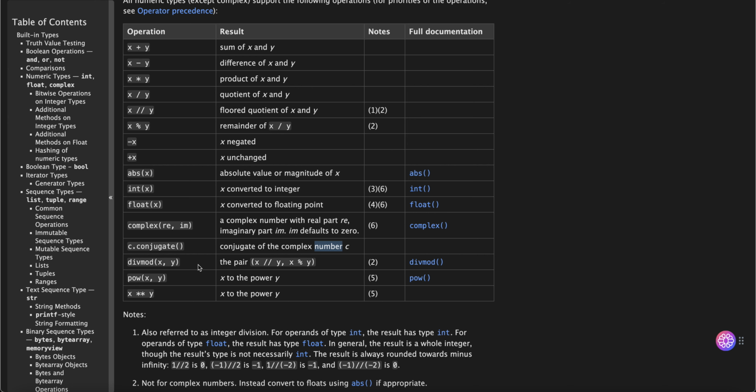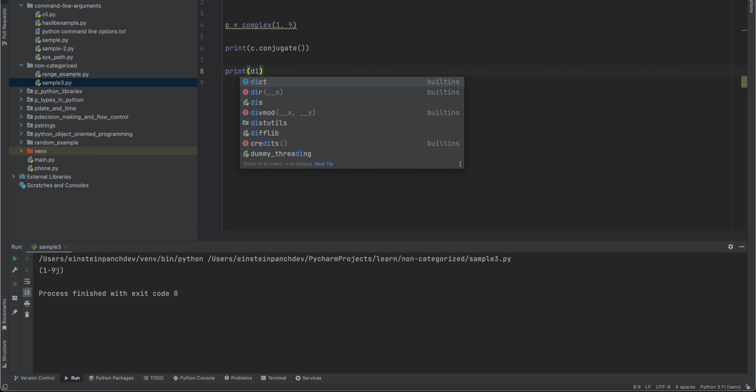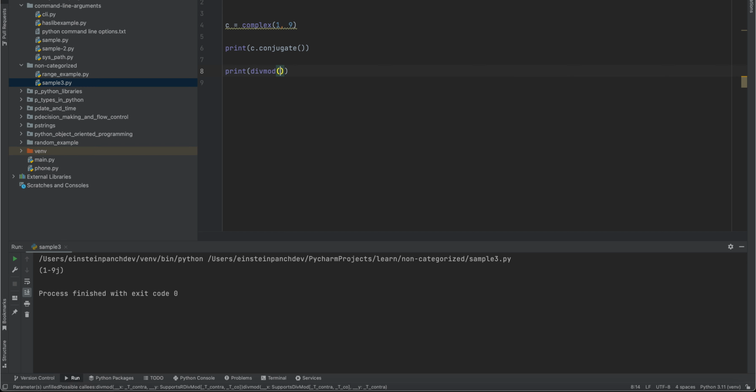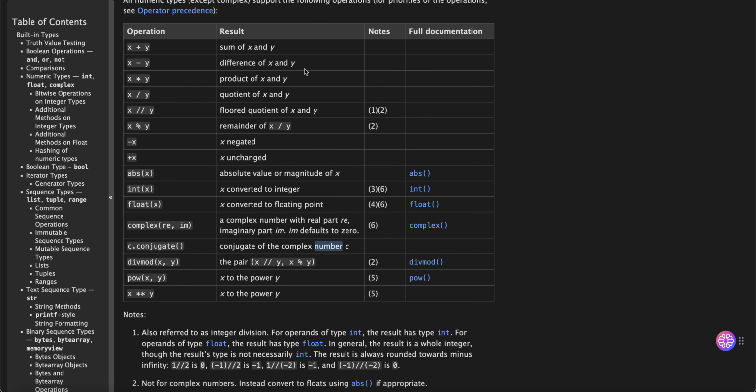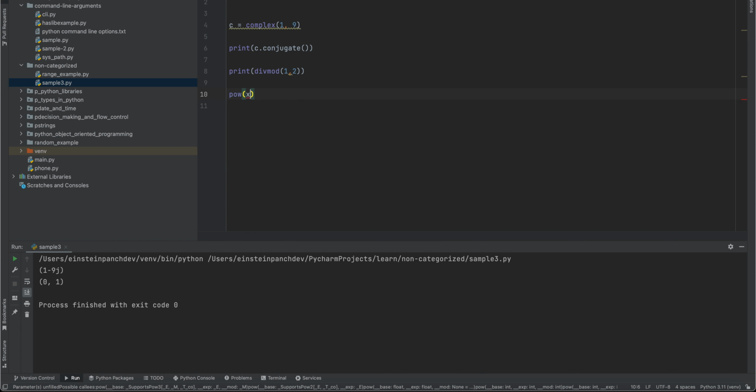divmod, the pair. So if I print divmod and here I say 1 comma 2, it should print 0 and 1. Yeah, so this is quotient and this is remainder. And power: pow(2, 3), which results in 8.